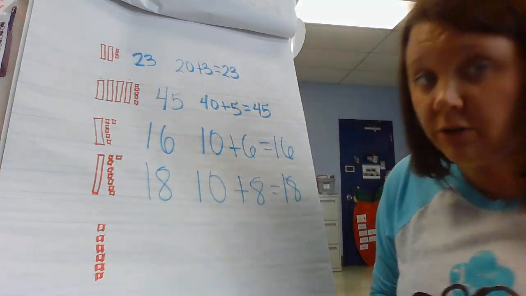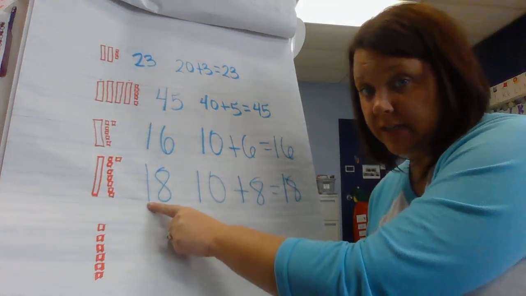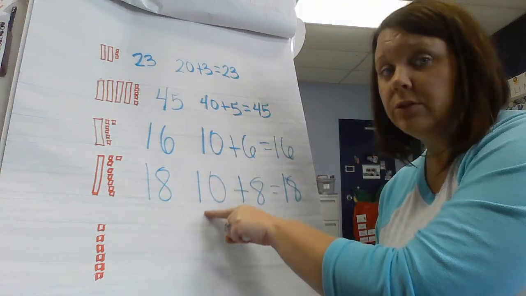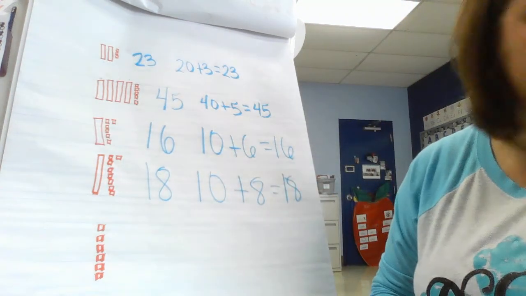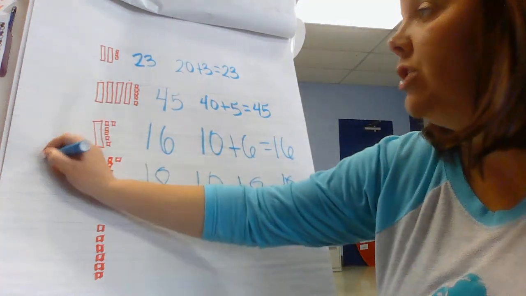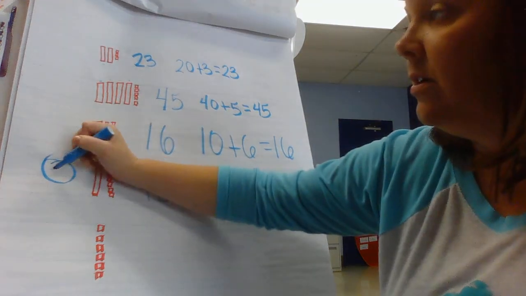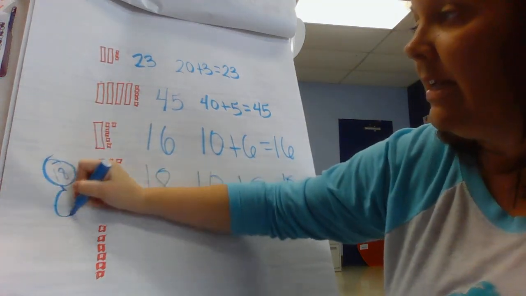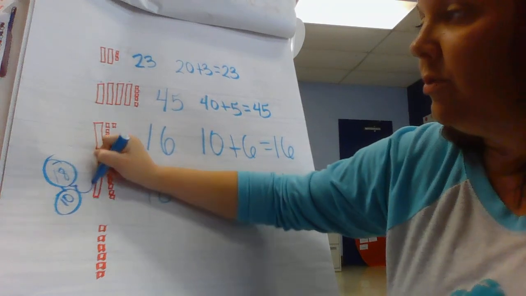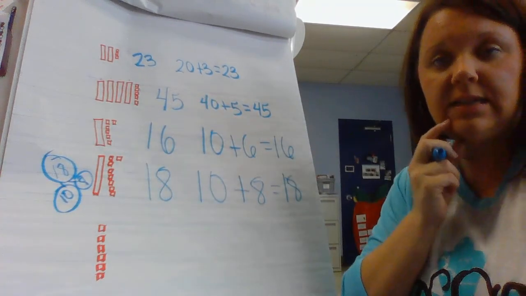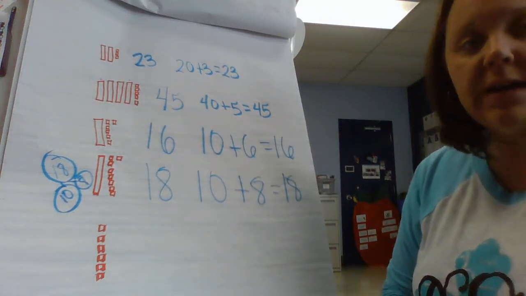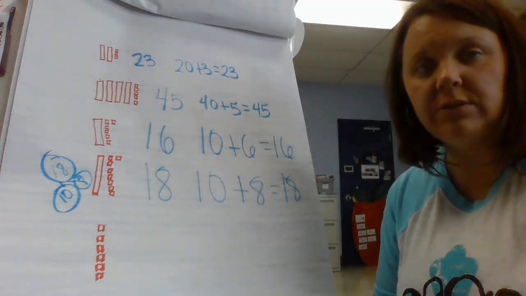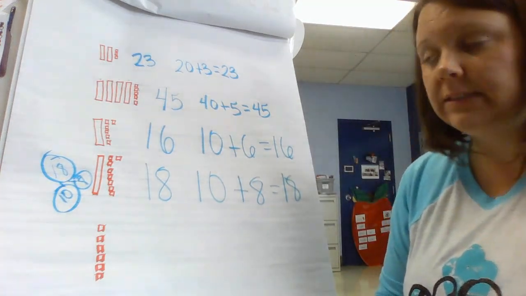You use the value of the tens place, not the digit. You use the value, which is number 10. So if I wanted to show that in a number bond, the whole would be 18 and the parts would be 10 and 8.